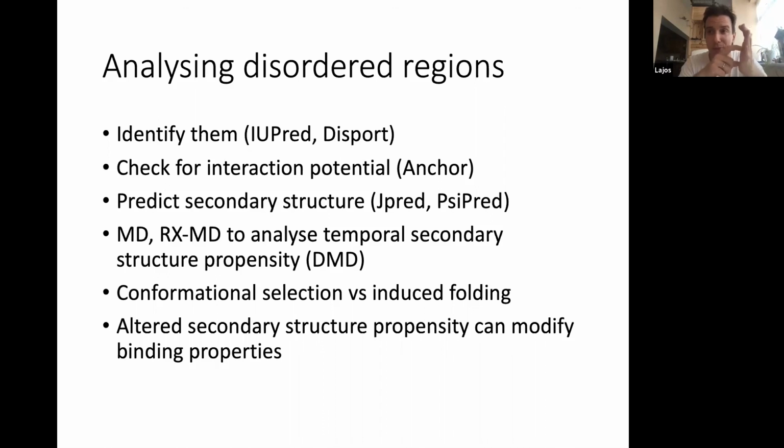And of course, if this whole interaction is sensitive to concentration, then you actually don't think about the concentration of the protein, but about the concentration of that structural form that is capable of interacting with the other partner.